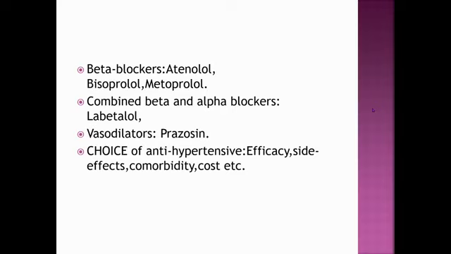You have to check the pulse of the patient. If you find the pulse already low, you should not prescribe a beta blocker. If the patient is suffering from complete heart block, you cannot prescribe a beta blocker.